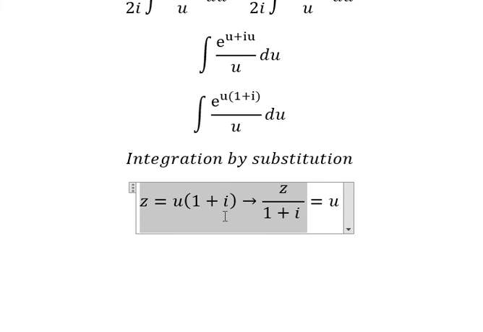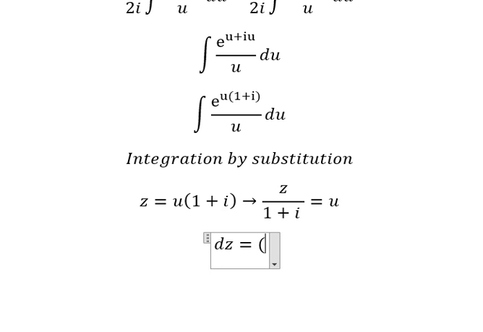Now we need to do the first derivative for this one in here. So we have dz equals 1 plus i du. Because we don't have 1 plus i next to du, we need to divide both sides by 1 plus i.